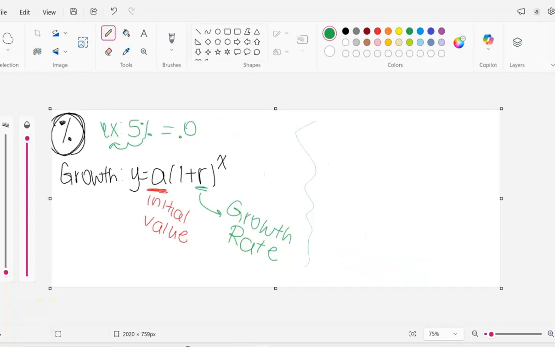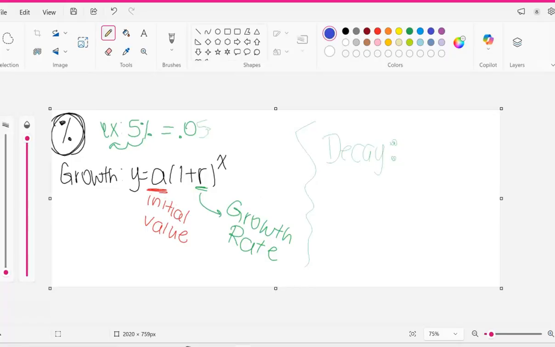And then over here on the right side, I'm going to show you the equation for exponential decay. And so again, we have to be decreasing this time, decreasing by a percent. So if we have decay, the equation is going to be very similar.